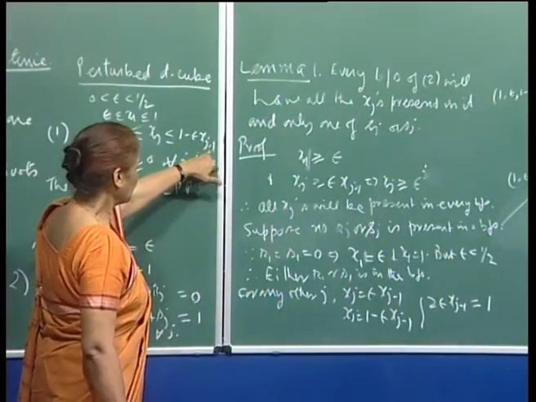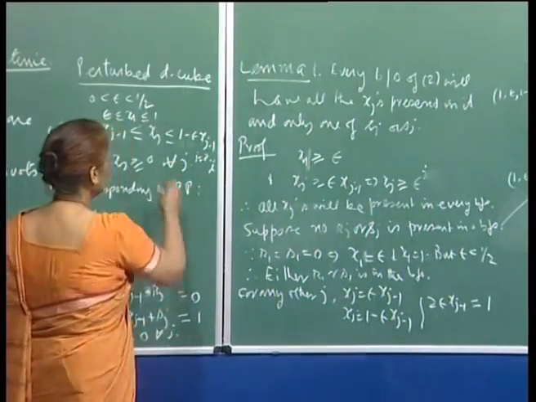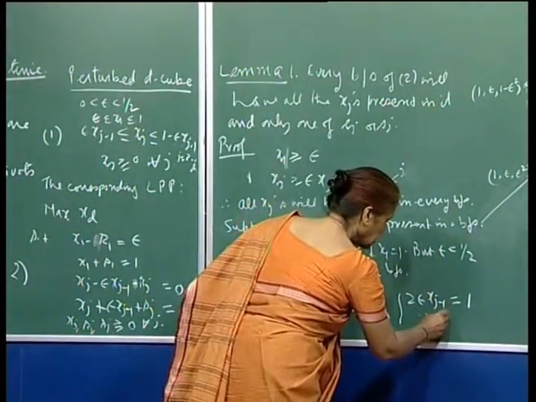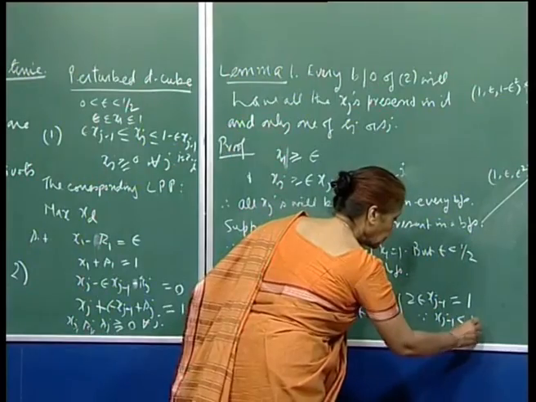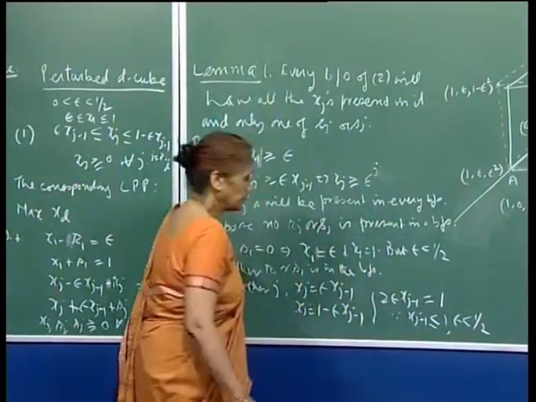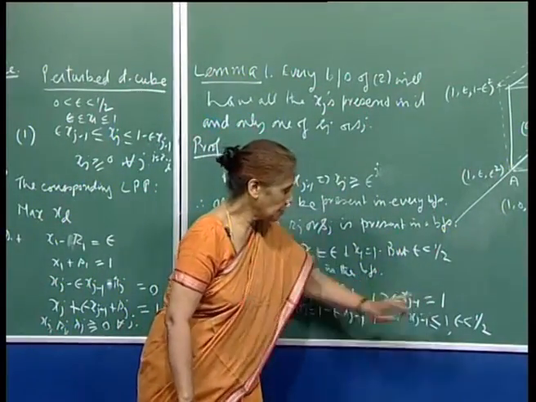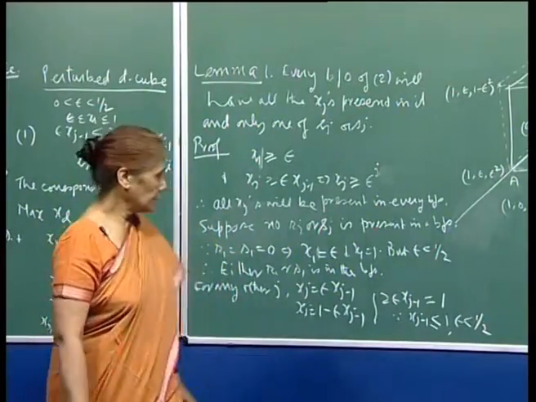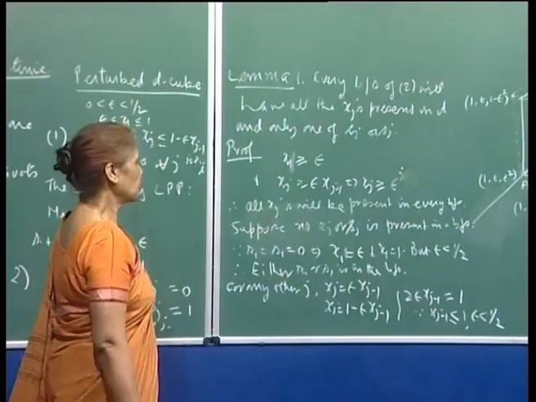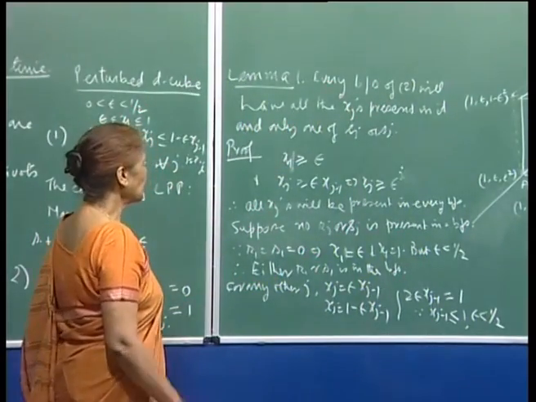So, xj minus 1 is non-negative, epsilon is positive, so xj is less than or equal to 1, right. And since xj minus 1 is less than or equal to 1, and epsilon is less than half, this cannot be satisfied, because the product has to be equal to 1. So, therefore, either rj or sj has to be in the basis for all j varying from 1 to d. So, this proves this lemma.